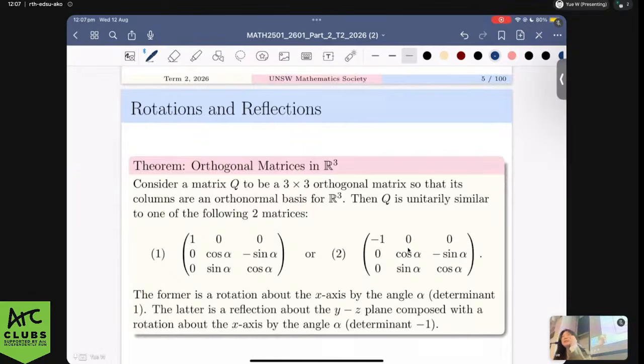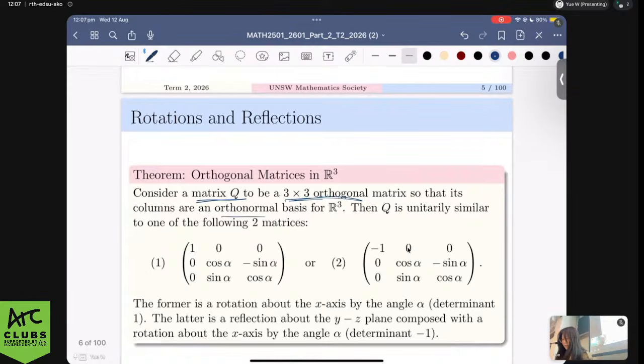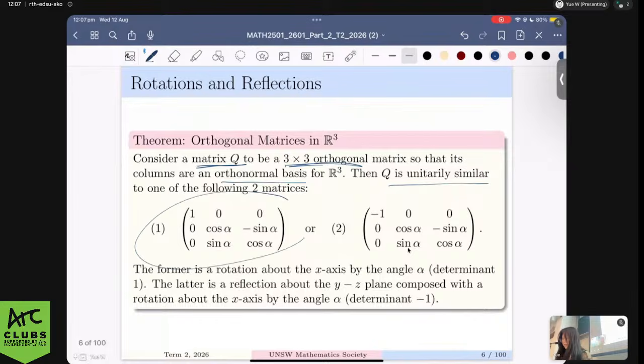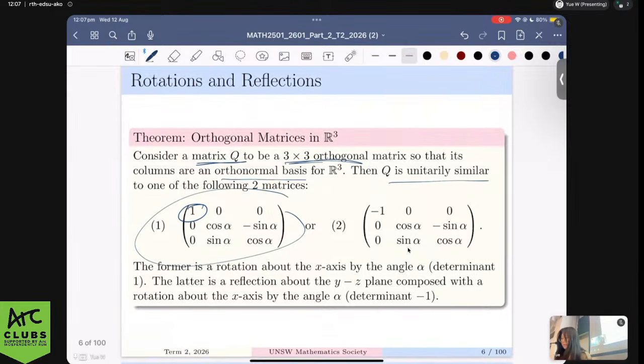Similarly, we can extend this idea into 3-dimensional spaces. If we consider some matrix Q to be a 3x3 orthogonal matrix, so that its columns form an orthonormal basis for R3, then we say that Q is unitarily similar to one of 2 matrices. The first matrix has the 1 at the top left corner, which indicates that it is a rotation.